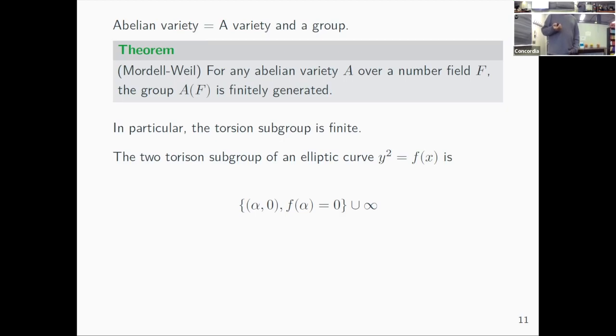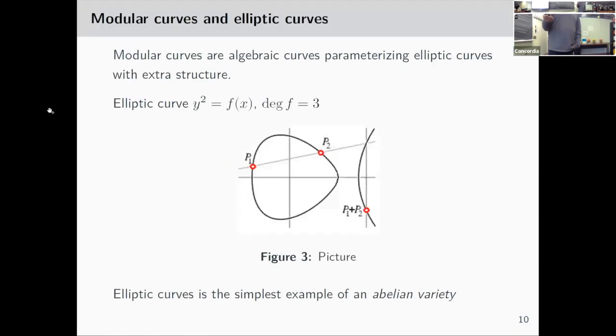This is finite. For example, if I look at the elliptic curve y squared equals f(x), the one that we've discussed, the 2-torsion points are just all the points where the y coordinate is 0, and the point at infinity, which I didn't mention. There's a point at infinity somewhere here, and you see it if you take a point where y is 0.